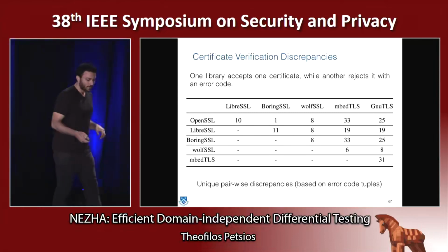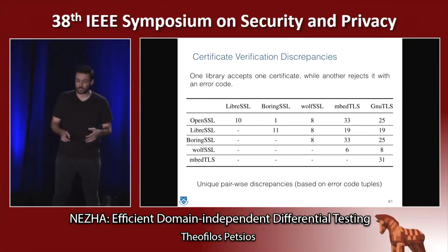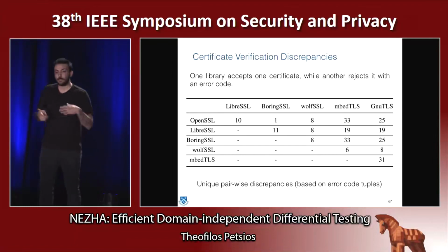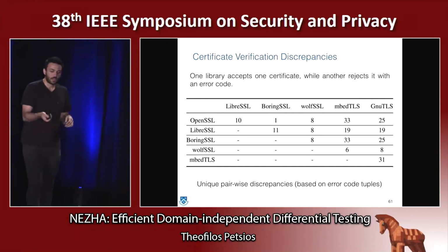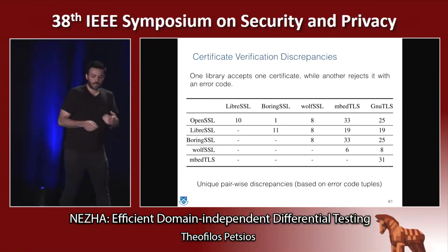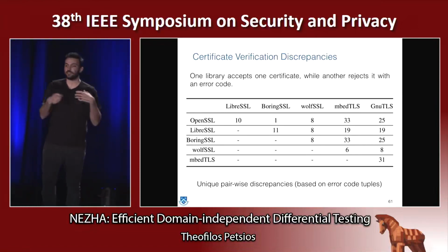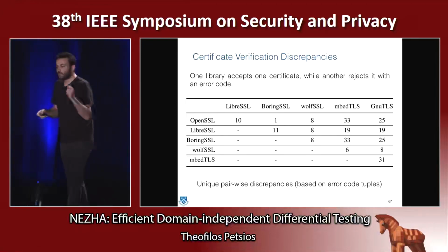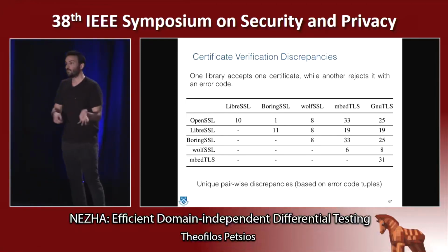But we applied NEZHA on different SSL libraries, and in this table you can see the pairwise discrepancies that NEZHA found based on the error codes that each of the libraries returned. So a number of 10 here between LibreSSL and OpenSSL denotes that we have 10 different certificates that NEZHA generated during the fuzzing process, for which one of the two libraries accepted it as valid, while the other library rejected it as invalid.